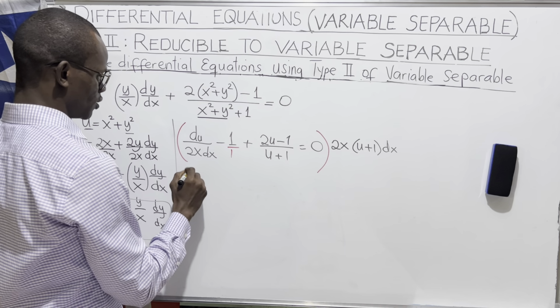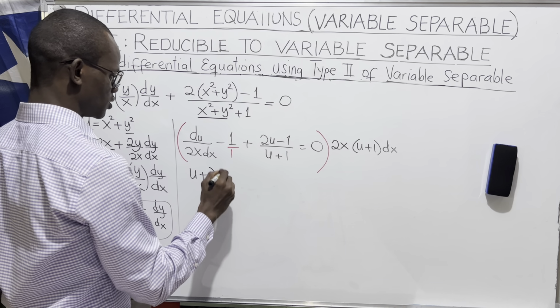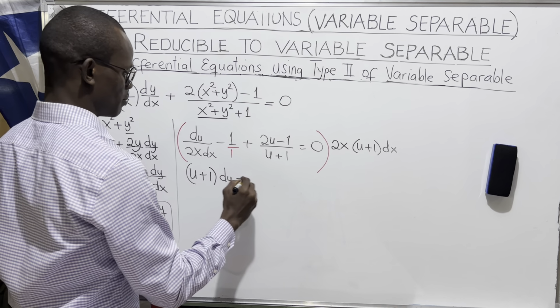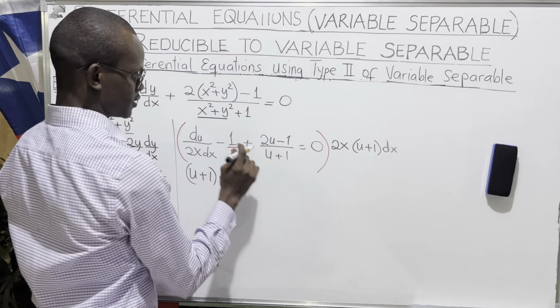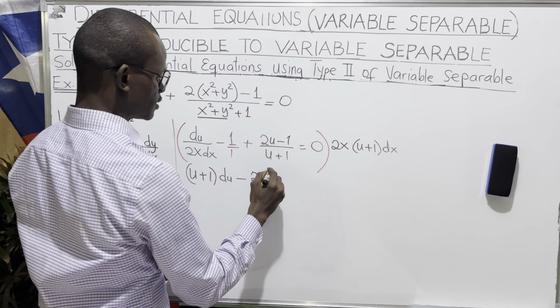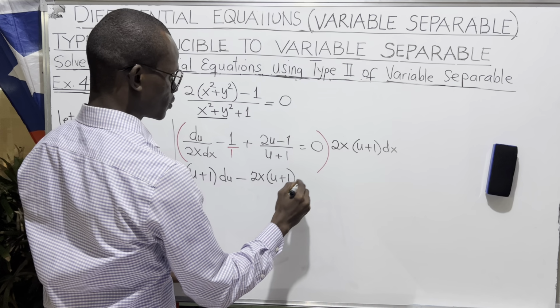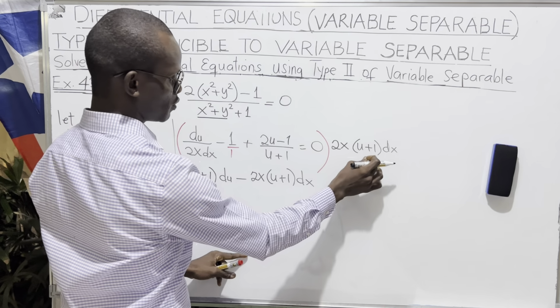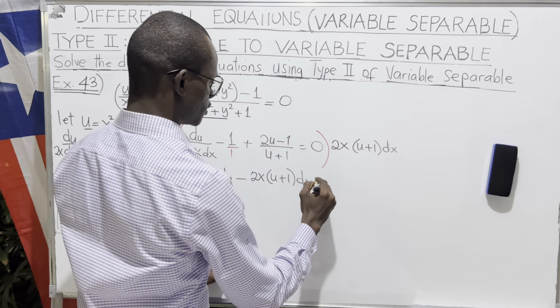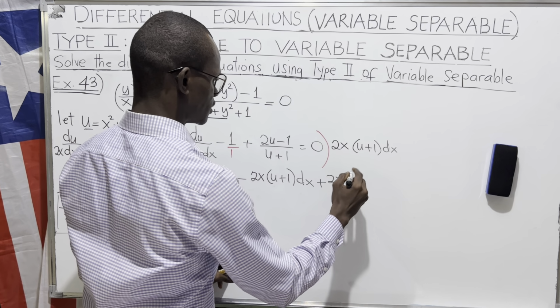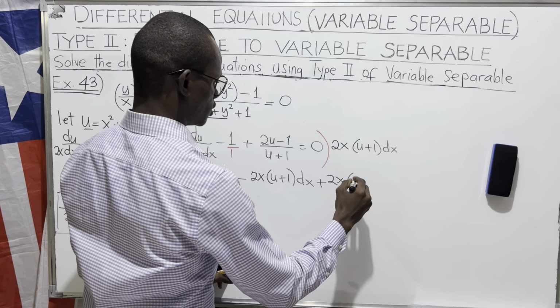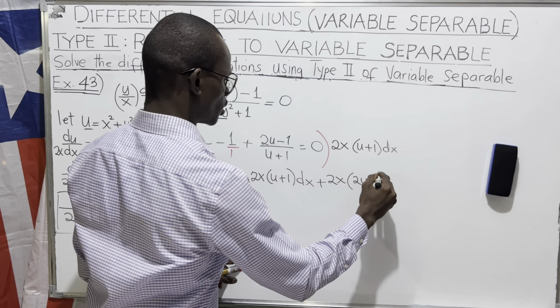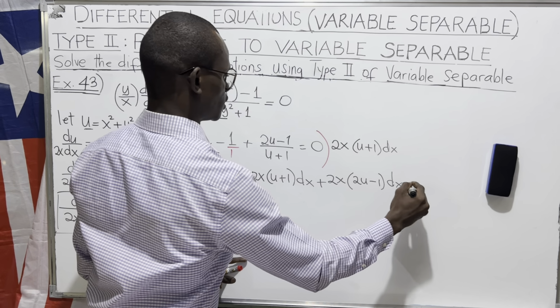So we just have u plus 1 times du minus, the entire thing, 2x times u plus 1 dx, and then u plus 1 and u plus 1 will go out. You'll be left with positive 2x times 2u minus 1 dx equals 0.